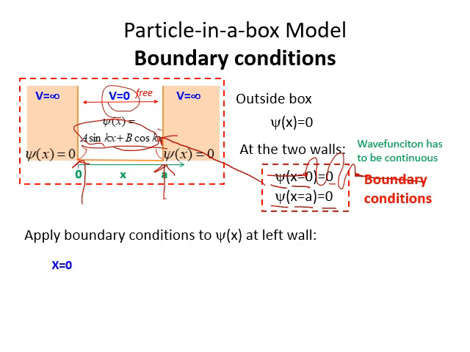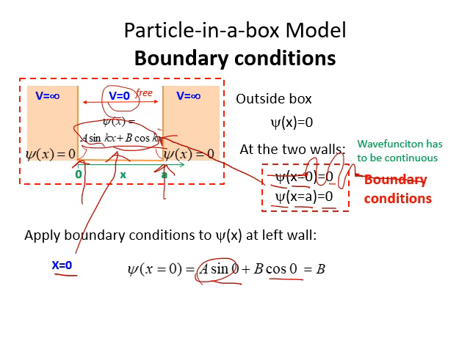Let's look at the first one. When x equals 0, what is the wave function? Apply this to this one. You have A sine 0 plus B cosine 0 when x is 0. Now sine 0 is 0, so this goes to 0, and you only have B cosine 0. Cosine 0 is 1, so the wave function becomes B at this left end. But the boundary condition says it has to go to 0, because the wave function is continuous and outside is 0.